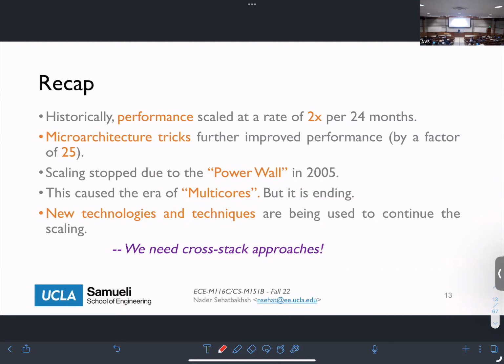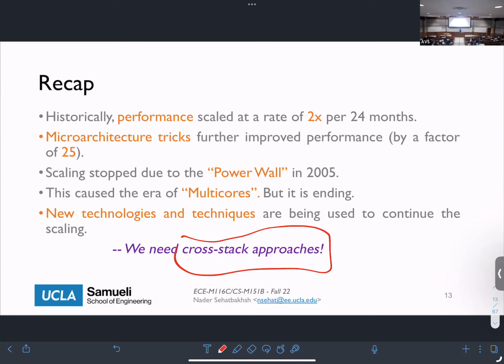We need what we call cross-stack approaches, where the hardware people should understand how the software works, and the software people should understand how the hardware works. Because we did all the tricks that we knew already and used them all. From now on, what we really need is what we call co-design or cross-stack applications, right? We need to understand how our cache works so that we can design better software. Right? So we need to understand how our coherency works in order to design a better system.